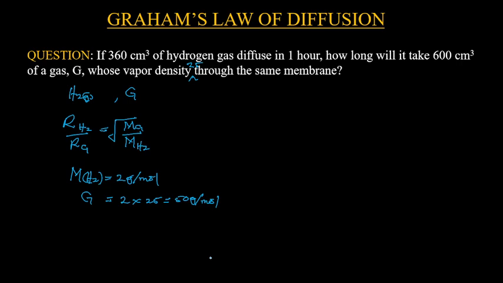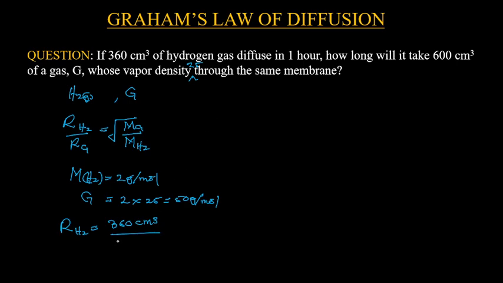Now what we are going to do is to try to find the rate of diffusion of the hydrogen gas, because we have been given the volume and the time it has taken. So let's go on. The rate of diffusion of the hydrogen gas H2 is going to be 360 cm cube divided by 1 hour.